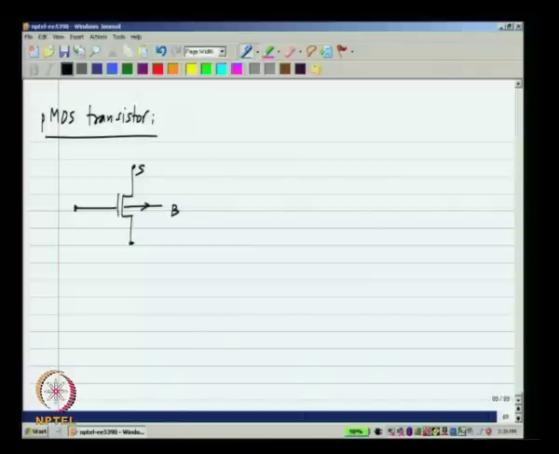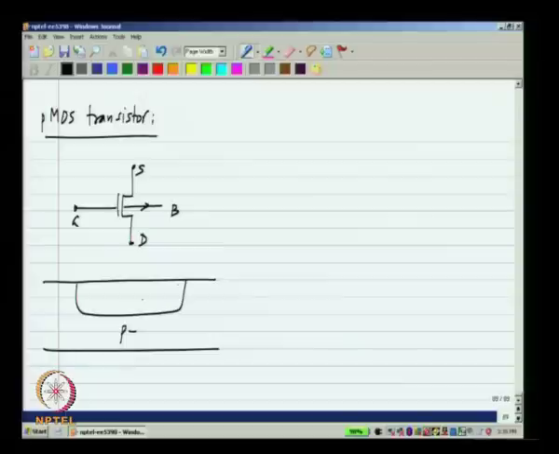This is the bulk, source, drain and gate. Usually the source is drawn above the drain because the source potential is higher than the drain potential usually in a PMOS transistor. And in a common integrated circuit, you have the P substrate, the N well and the PMOS transistor inside. Okay. And that is the bulk.